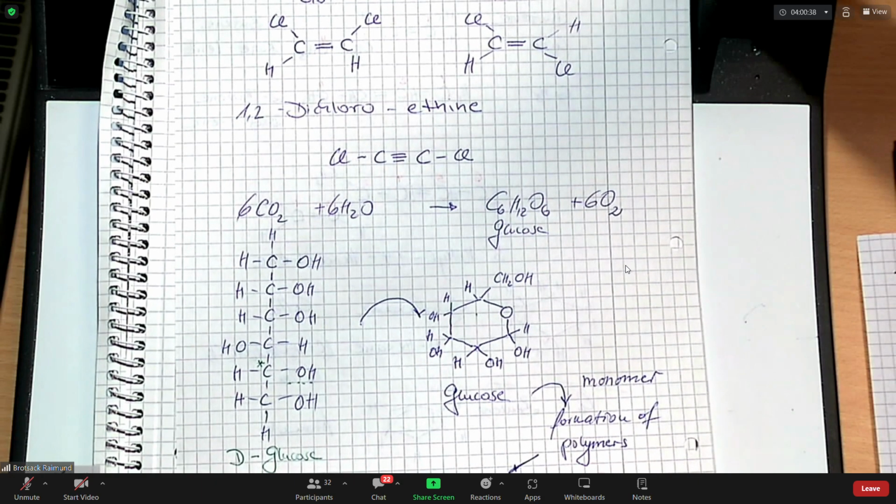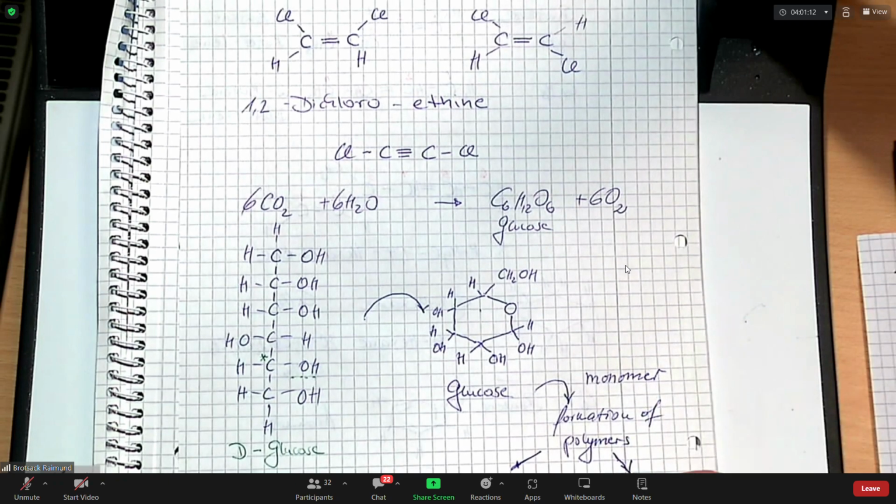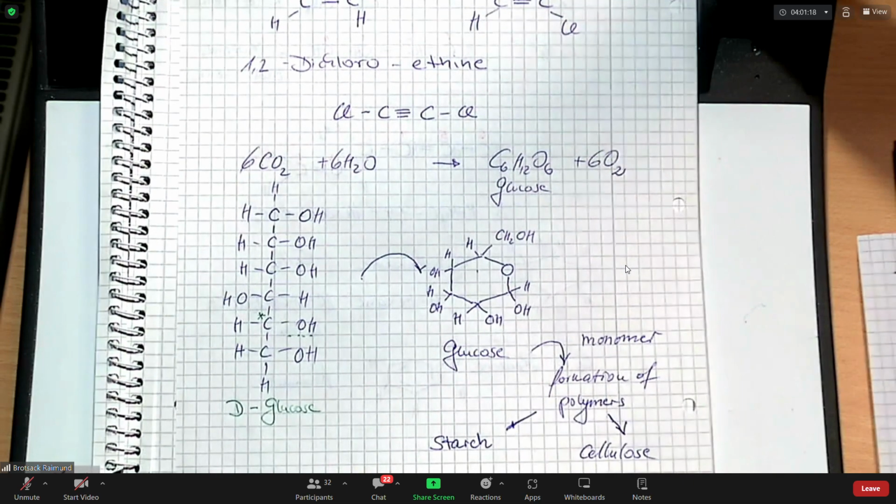One of these is starch. Starch is a polymeric molecule where this is the monomer, and a lot of them are connected in a long chain, and that's starch. We eat it every day, in bread, in noodles, in a lot of things. The other one is very similar, but we don't eat it. It's cellulose.